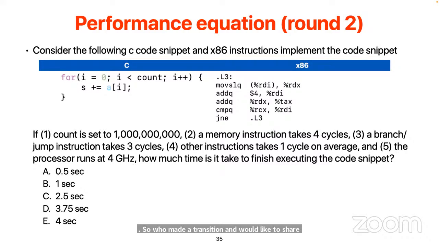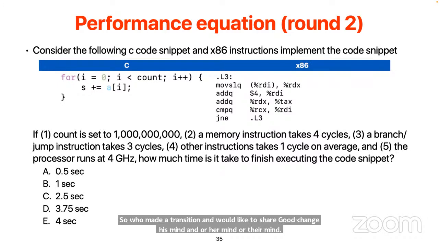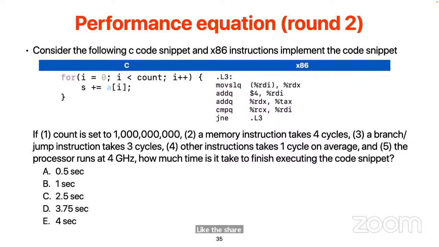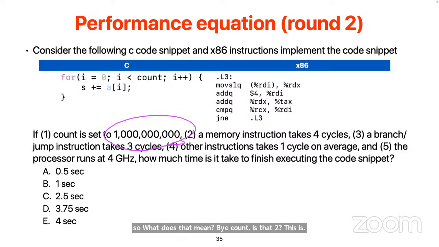Who changed his mind or her mind or their mind and would like to share? Okay, so what does it mean that the count is set to, this is million, trillion, right? What does it mean that the count is set to 1 trillion?